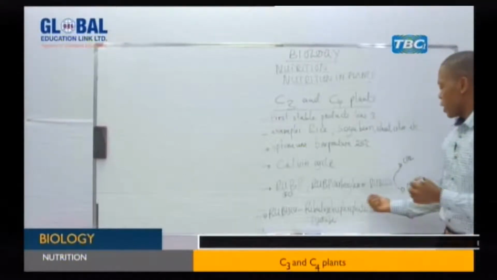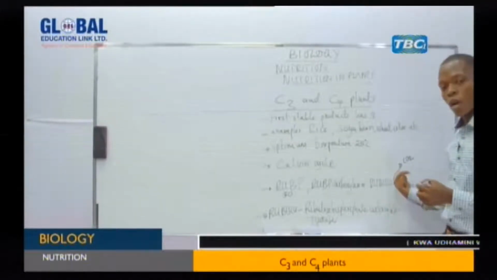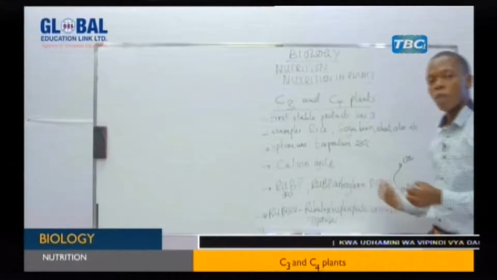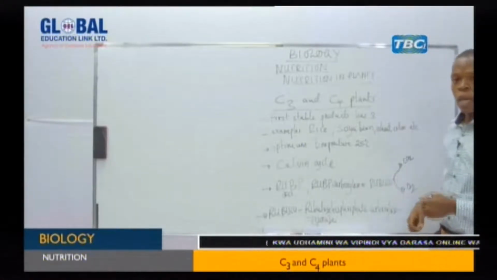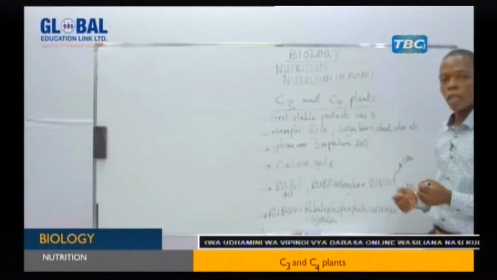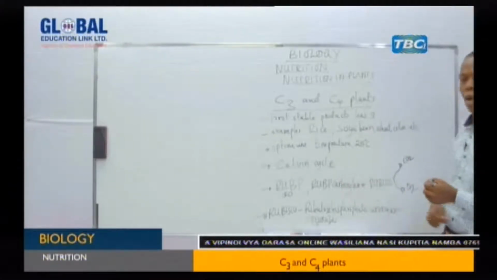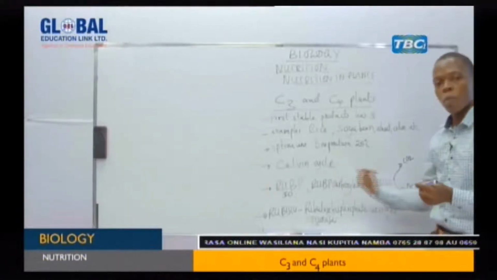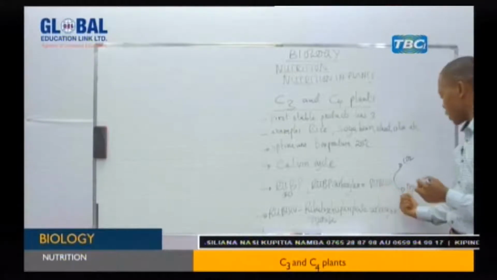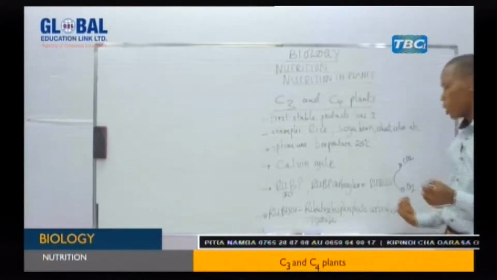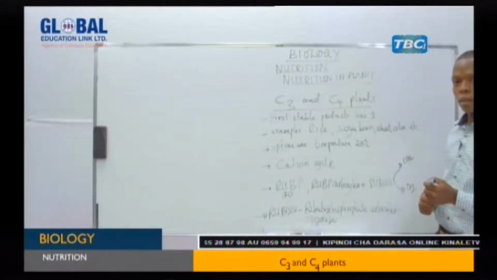Therefore, rubisco can fix carbon dioxide or oxygen depending on the concentration of these two. When there is a higher concentration of carbon dioxide, rubisco fixes carbon dioxide and is called RuBP carboxylase. But when it fixes oxygen, it is called RuBP oxygenase.